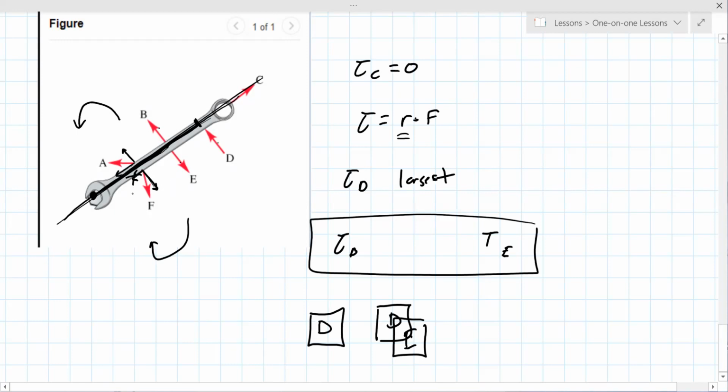It looks to me like F has a larger force that's perpendicular compared to A. I'm just doing the arrows. Because they're the same distance apart, since F has a larger magnitude, it's going to be here. A has a smaller magnitude, it's there, and then C looks like it's there.